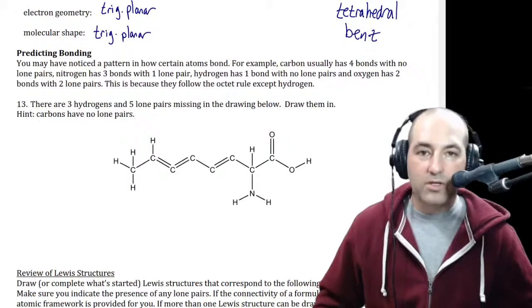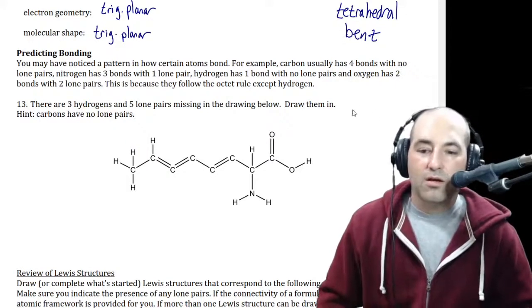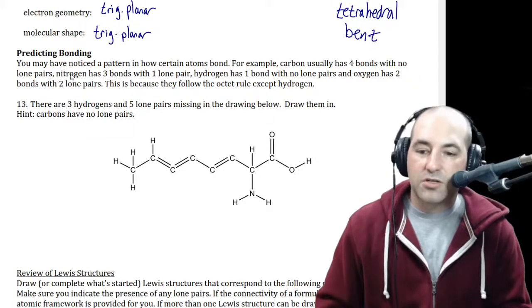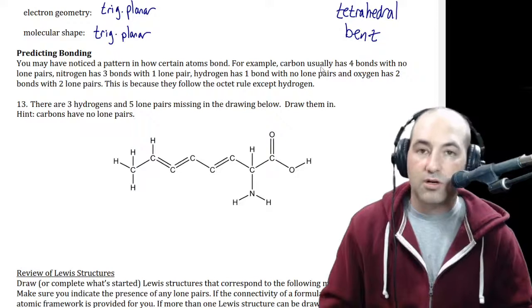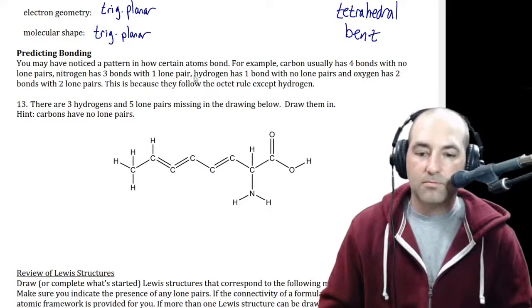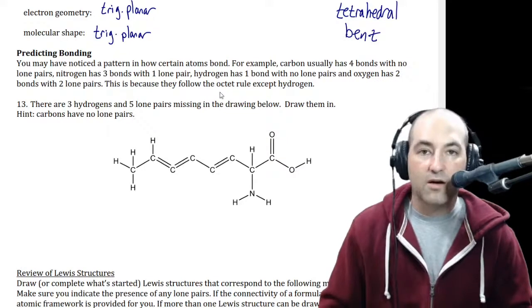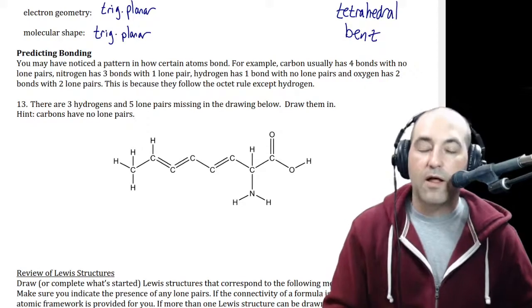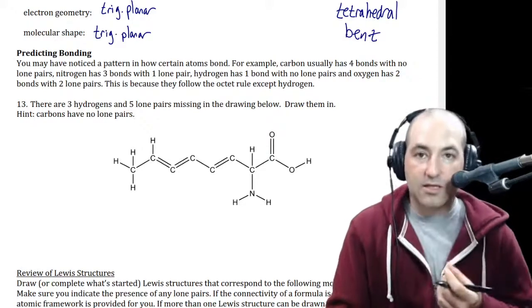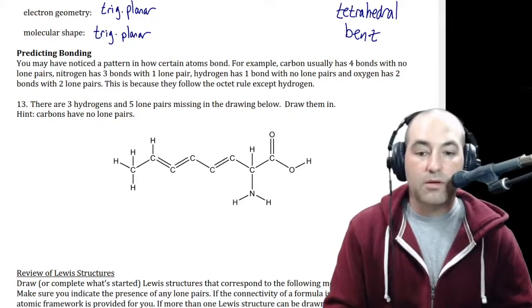They're not always going to be true, but they're generally mostly true. Nitrogen generally makes 3 bonds with 1 lone pair. Are there exceptions? Sure, like NH4+. Hydrogen tends to have 1 bond with no lone pairs. Oxygen tends to have 2 bonds with 2 lone pairs. That's how it follows the octet rule. Now again, are there exceptions? Sure, and we've seen some of them. But especially as we get into these bigger organic molecules, they're actually going to follow the rules a little bit better.